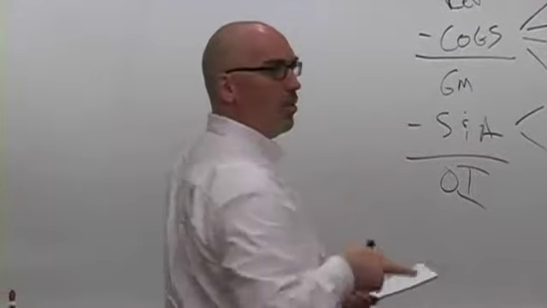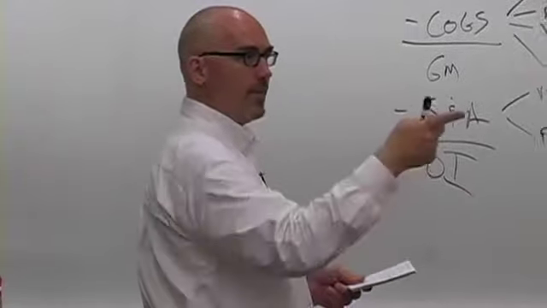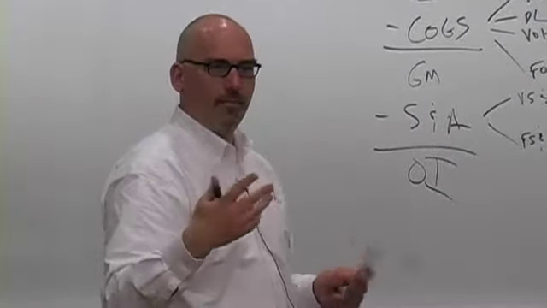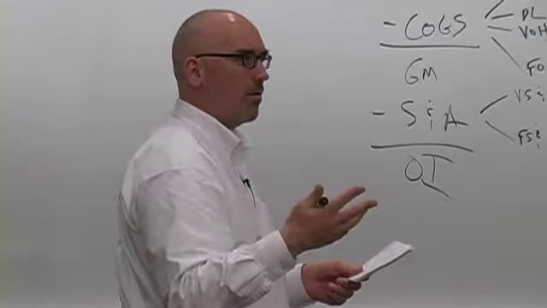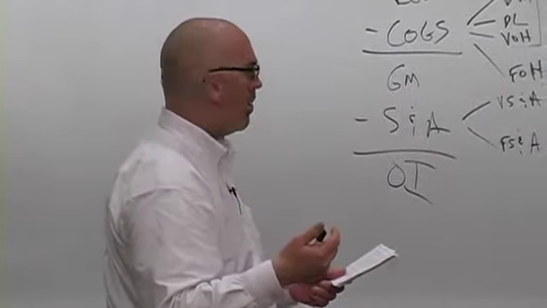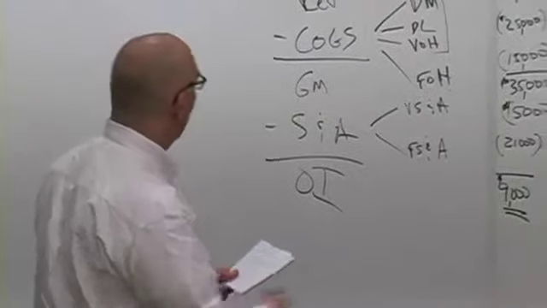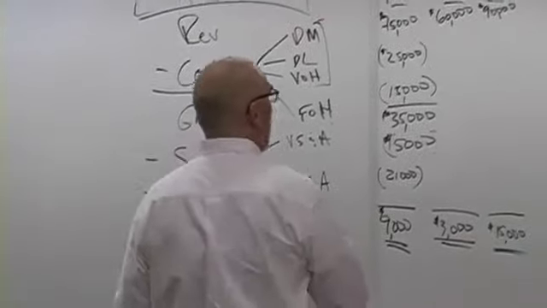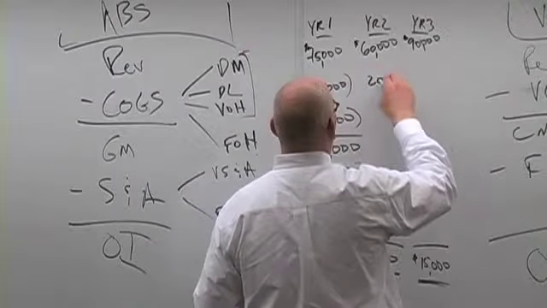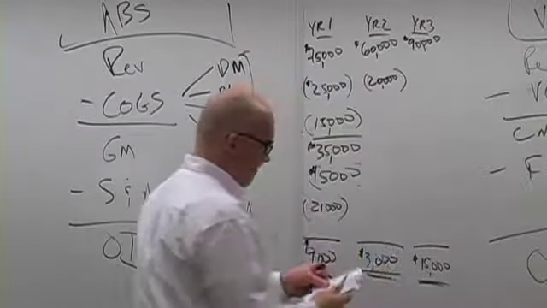Year 2. What piece of information would you like to give me? Because I put in revenue just to make it easier or harder. 20,000 for the variable product costs.